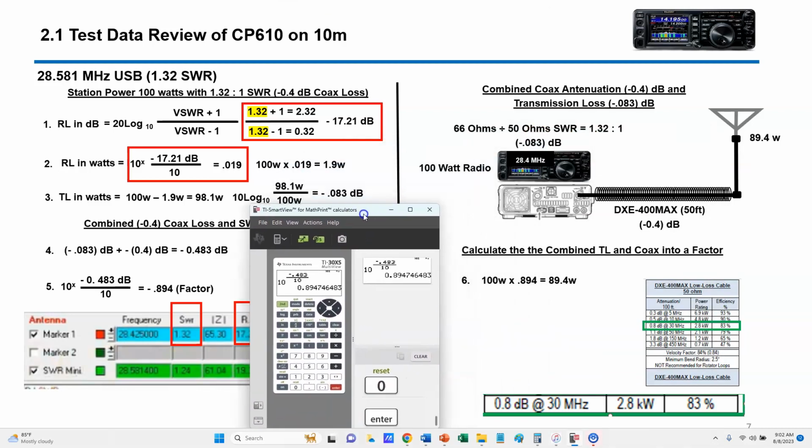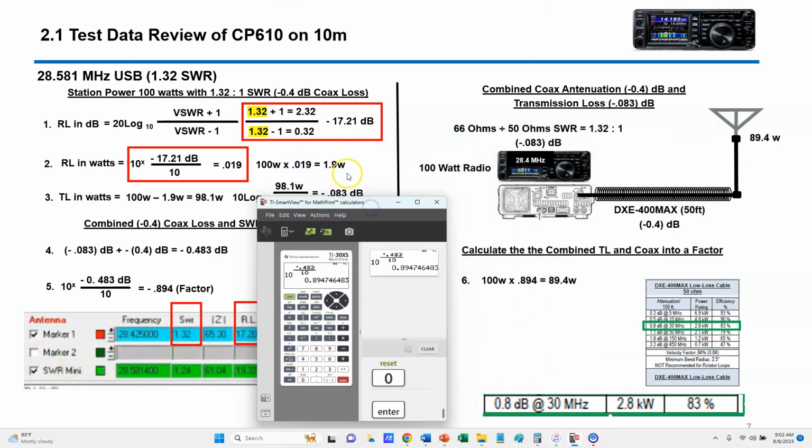So now we're back to the factor again, but what's important now is we have a combined dB loss, and the combination is an SWR of 1.32 and a coax loss of 0.4 dB.